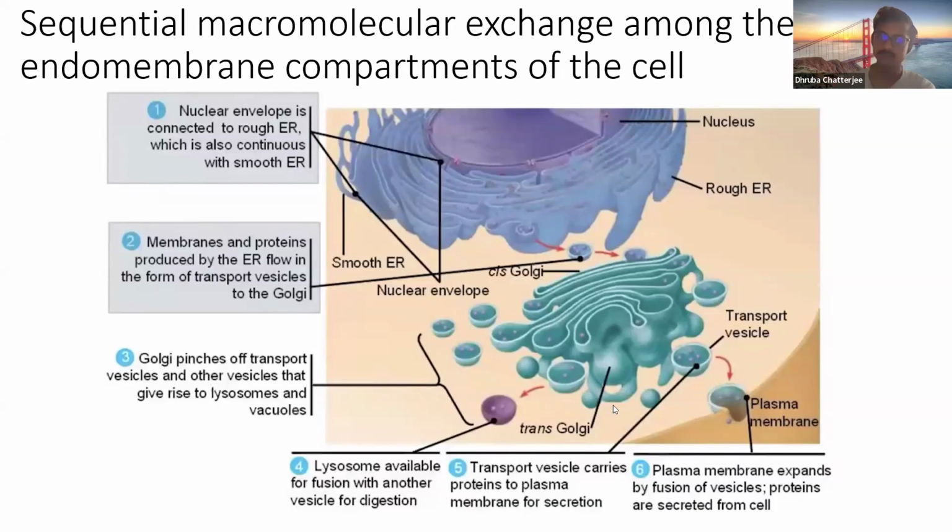The trans-Golgi network can be thought of as a very big railway junction. You can imagine that in a big railway junction, you get traffic of trains from all the different parts of the country, and you get so many people who are willing to go to so many different parts of the country from the same station.